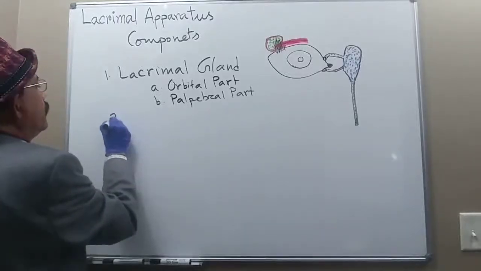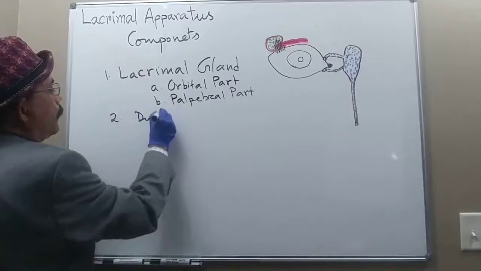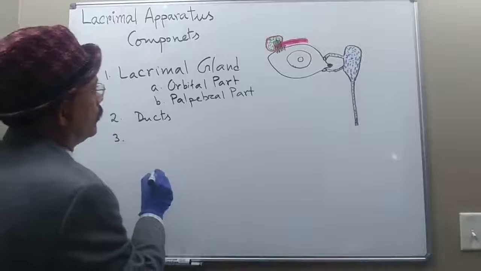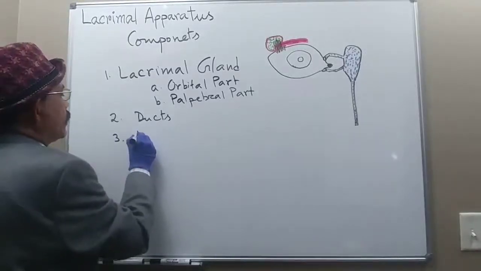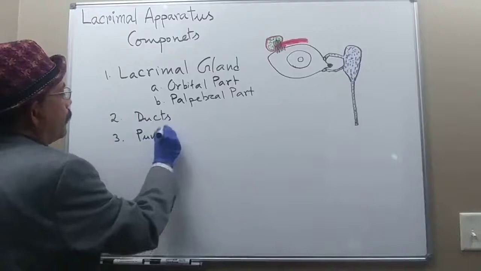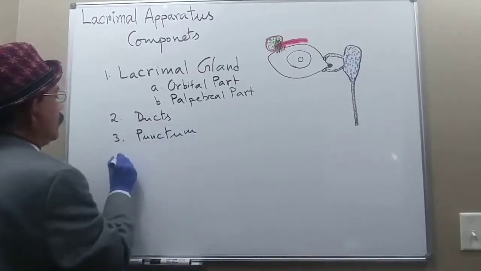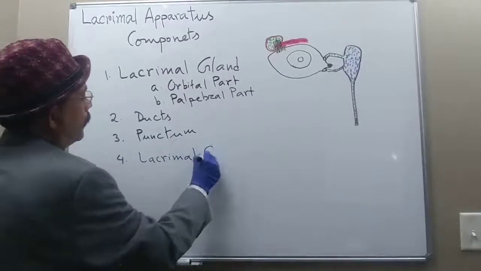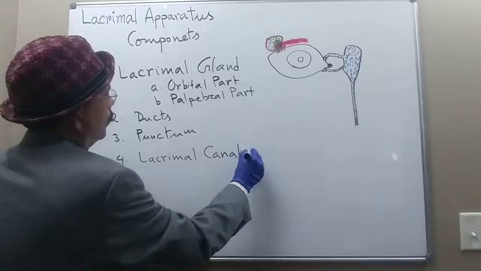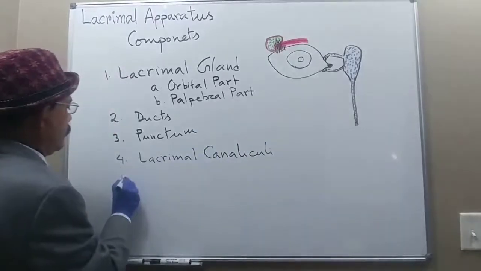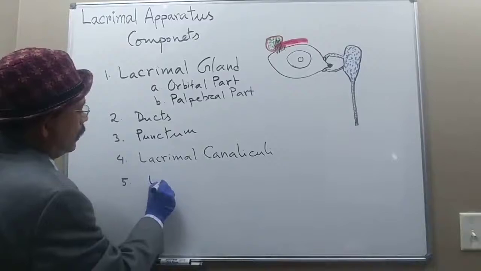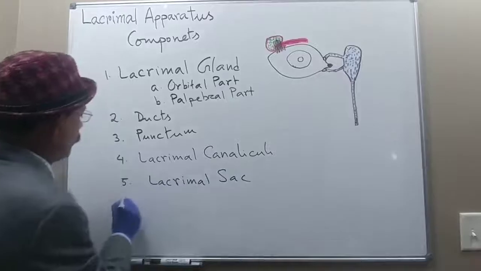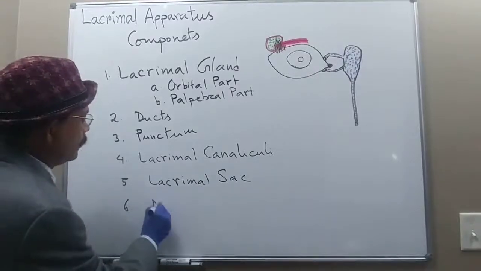Then the lacrimal gland has ducts. We have the punctum, lacrimal canaliculi, then we have the lacrimal sac, then the nasolacrimal duct.